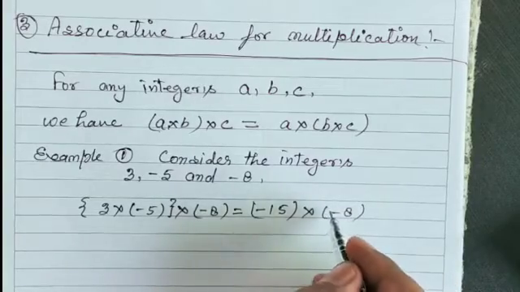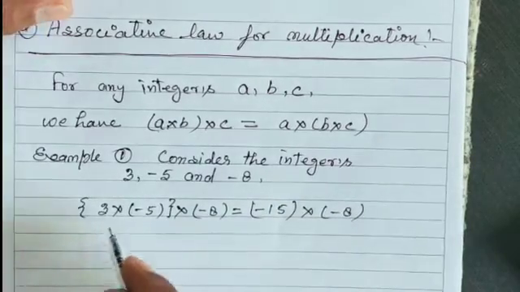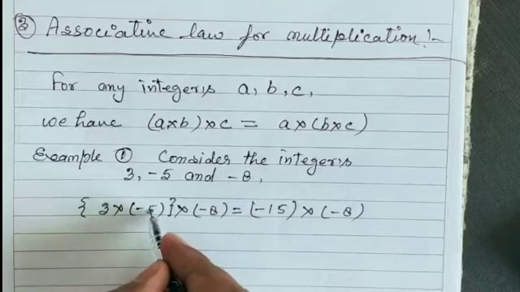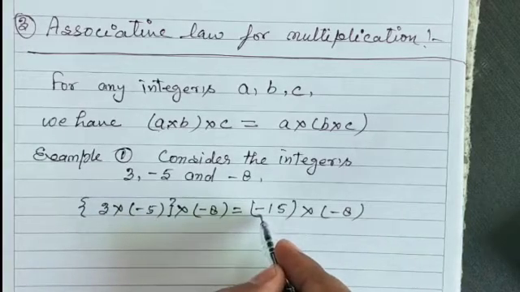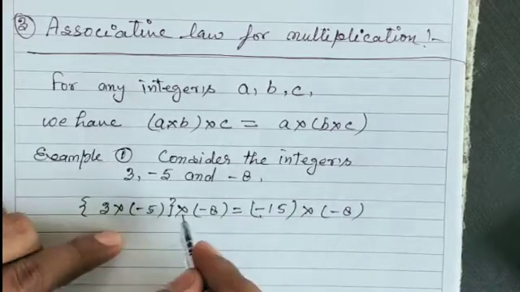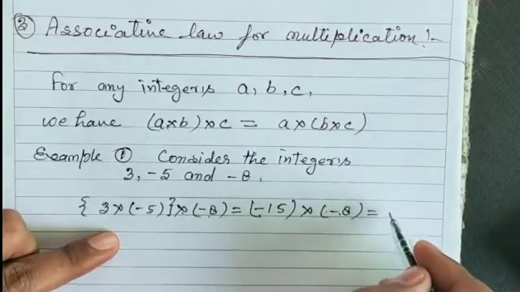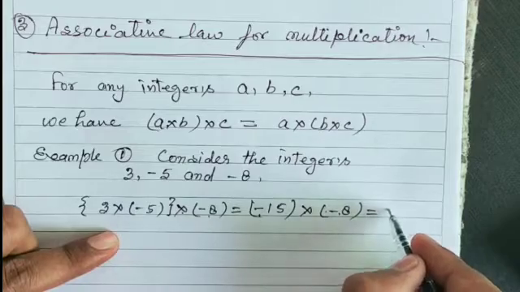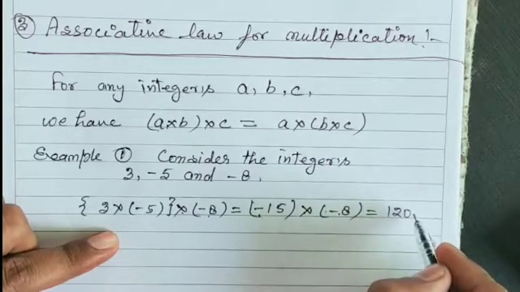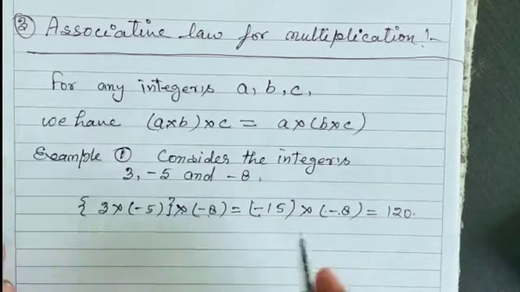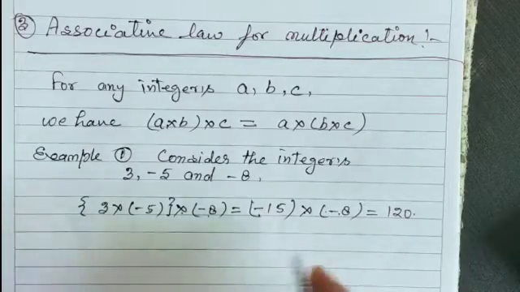How is it possible? Check it. 3 multiplied by -5 will be equal to -15, and into -8, minus will be plus, and 15 eights are 120. Okay, now we will interchange each other.